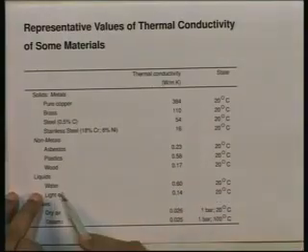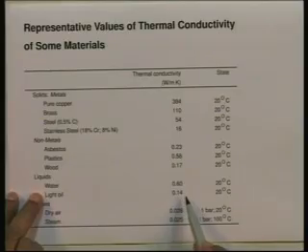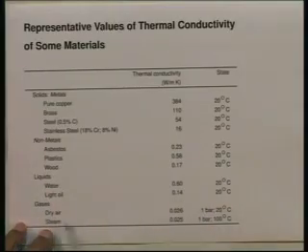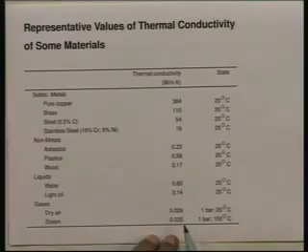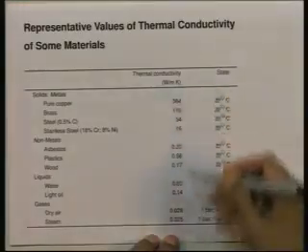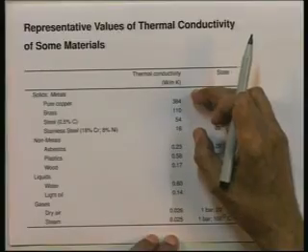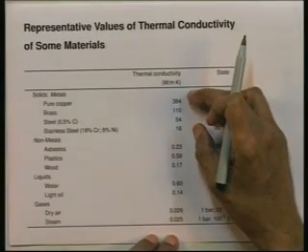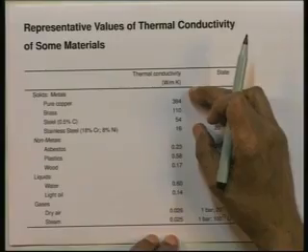Liquids: water 0.6, light oil 0.14. Liquids like water and oil will also have values in the range of 0.1 to 1. And gases like dry air 0.026, steam at 1 bar and 100 centigrade 0.025, will have values which are typically 0.02, 0.03, 0.04. So, you see the wide range of k's that we get in practice. Metals: anything from 10 to a few hundred, the highest values for very pure metals.